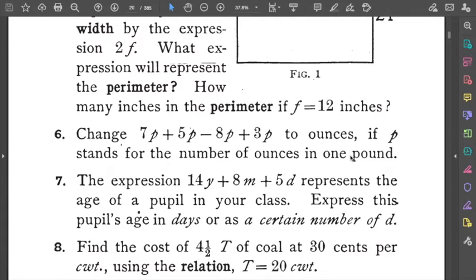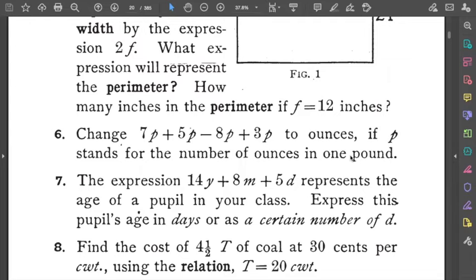So now 1 ounce is equal to 0.0625 pounds. So you are using 0.0625 p.